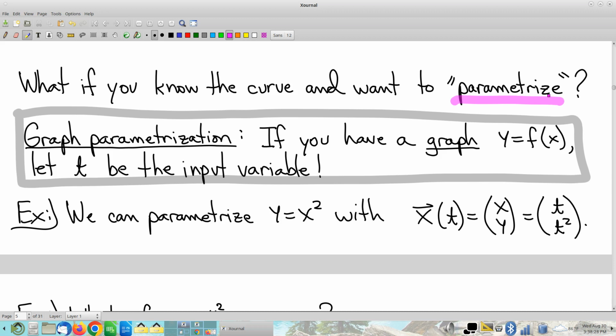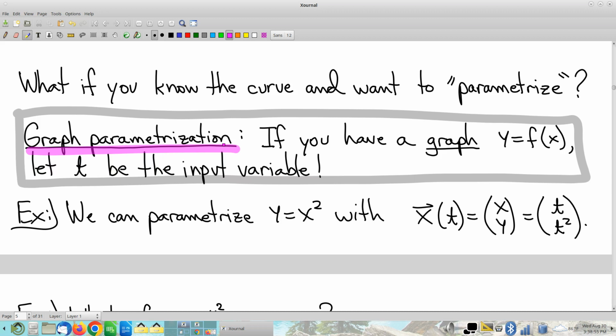Okay, and this is another skill that we're going to need. We're going to need to be able to create parameterizations of things that aren't already. So here is my favorite tool for this. This is called the graph parameterization. It's a really simple tool, very powerful, easy to use. Doesn't always apply, but when it applies, it's just awesome.